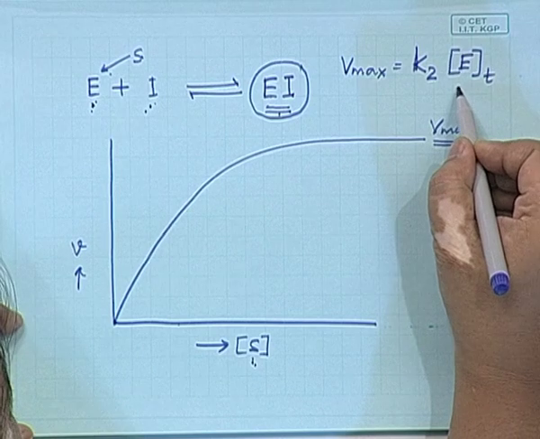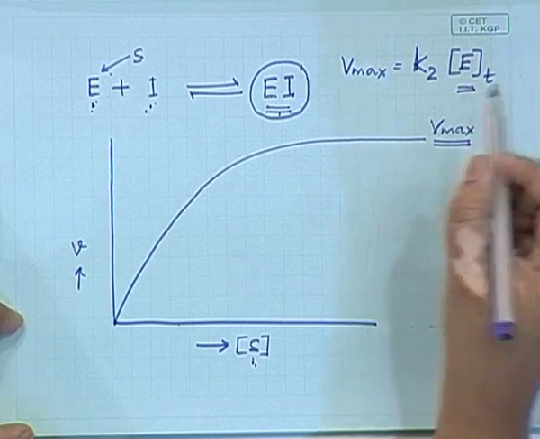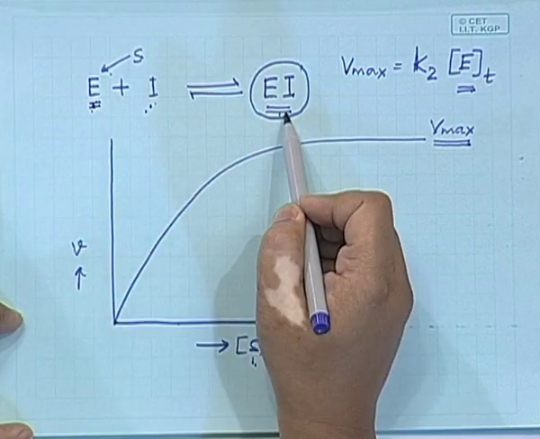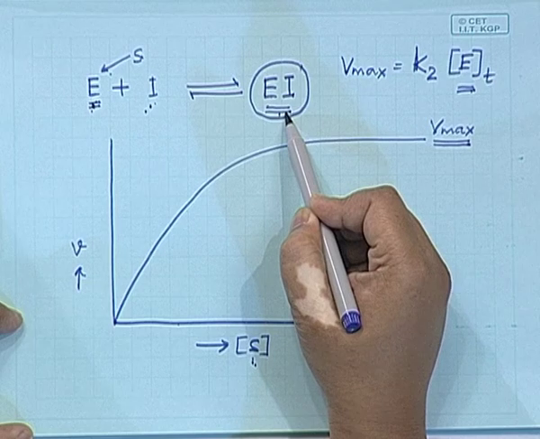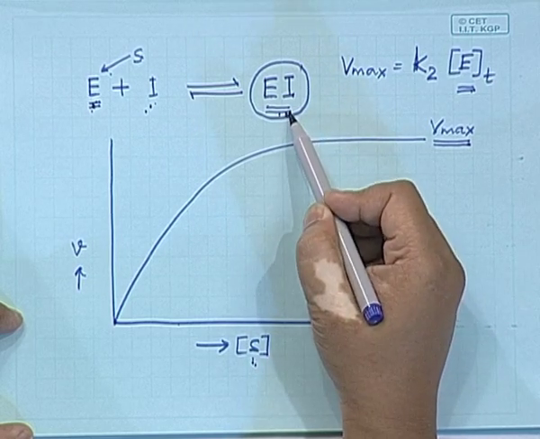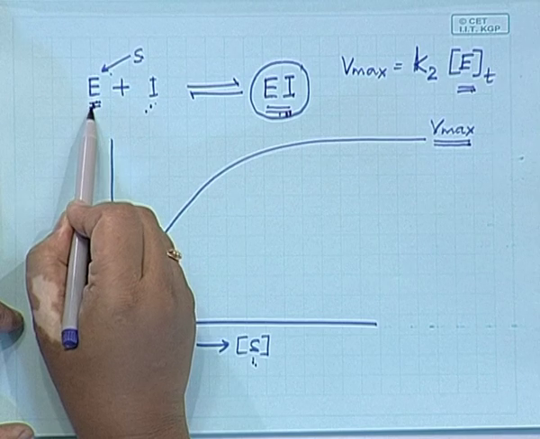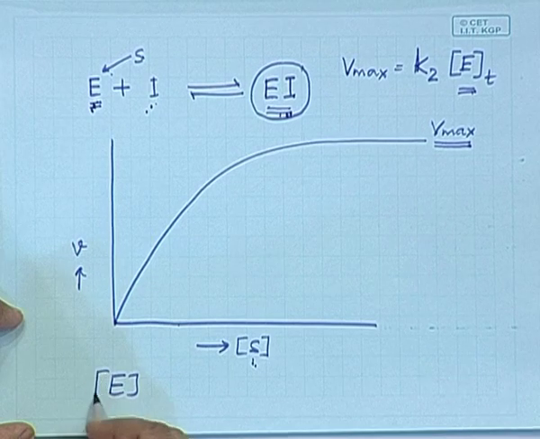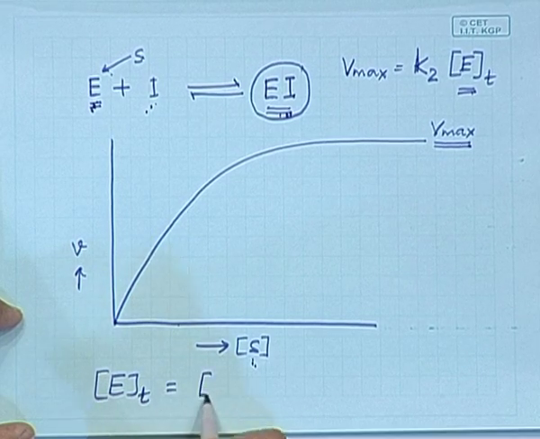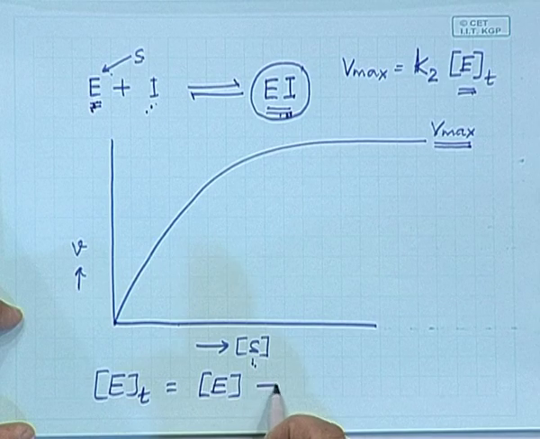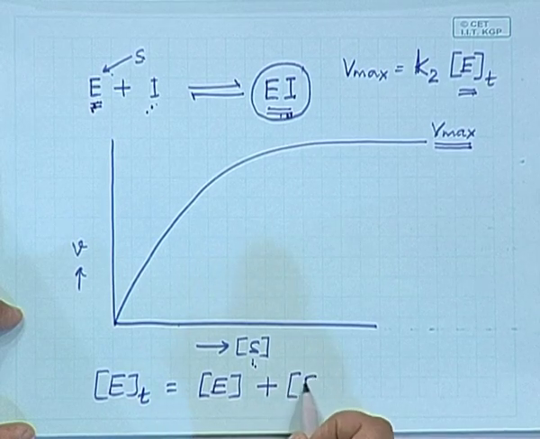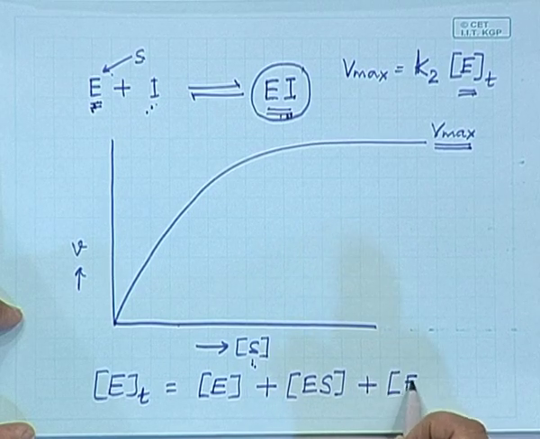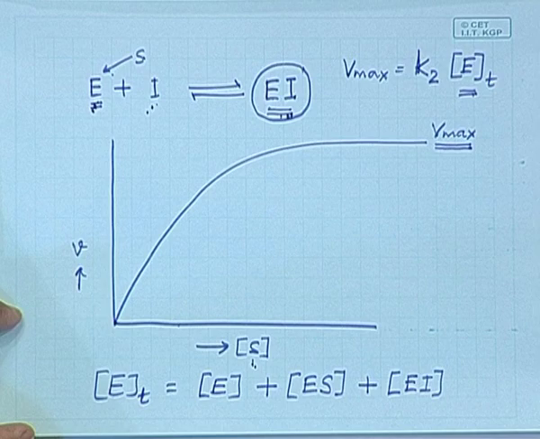Now, if my total enzyme concentration is fixed, then part of this enzyme may have formed an enzyme inhibitor complex, but that enzyme inhibitor complex can also dissociate to form back E. So, the total enzyme now is the free enzyme plus enzyme substrate complex plus enzyme inhibitor complex, right.